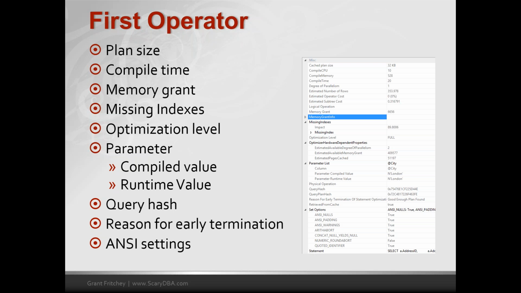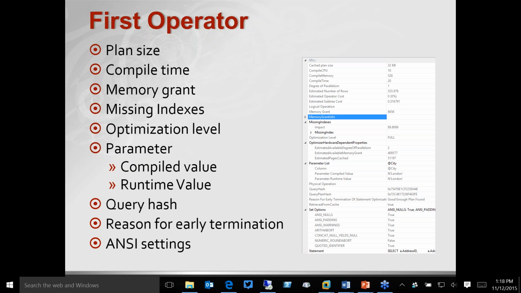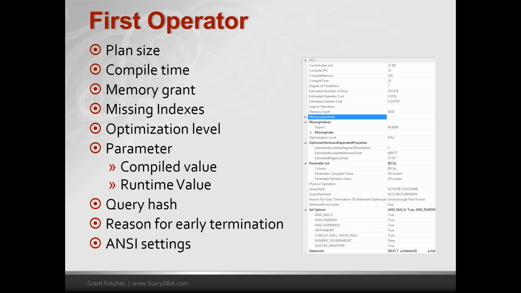That's a fine thing. Now, also stored inside this first operator, and this first operator is overloaded, it's got all the good data, are the ANSI settings that were used to compile the plan. Now why is that interesting? Well, because different ANSI settings can result in different execution plans.